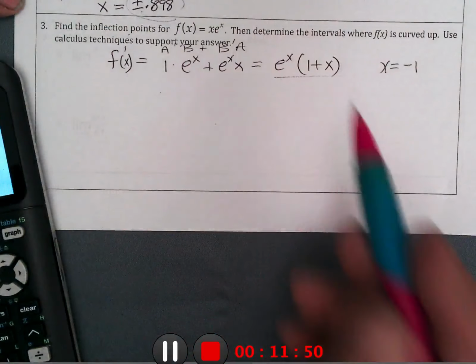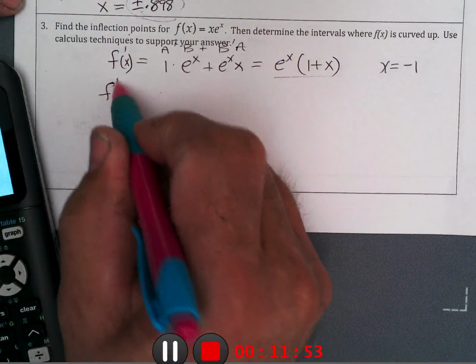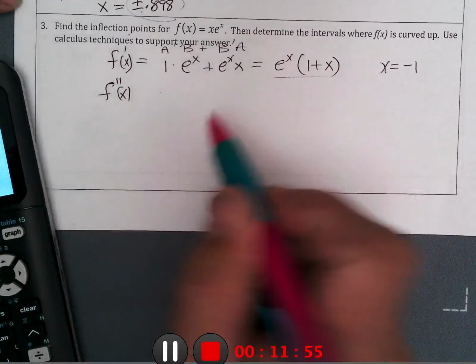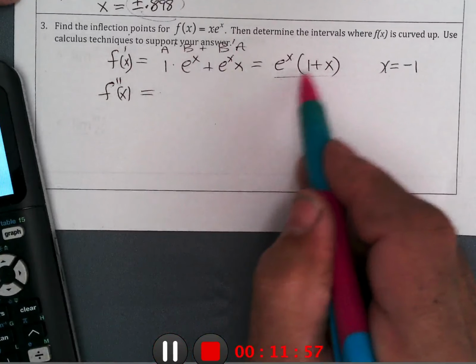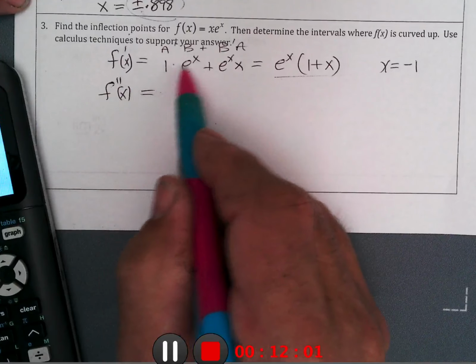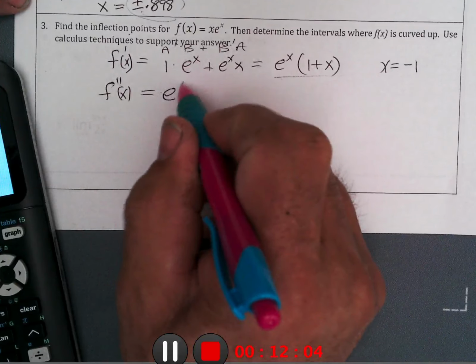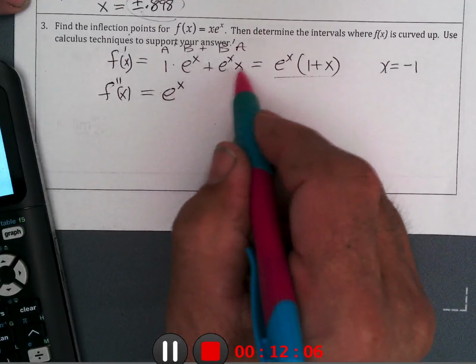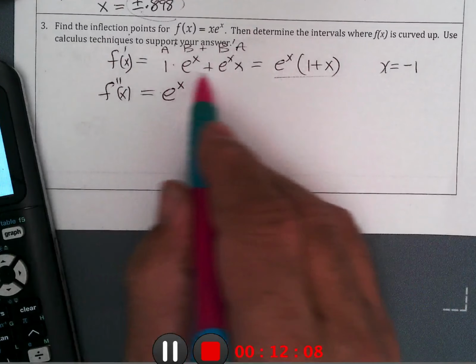So the second derivative would be, and I could do the product rule, but I can also just do it right here. The derivative of 1 times e to the x is e to the x, and the derivative of x e to the x is what we just did on this first one.